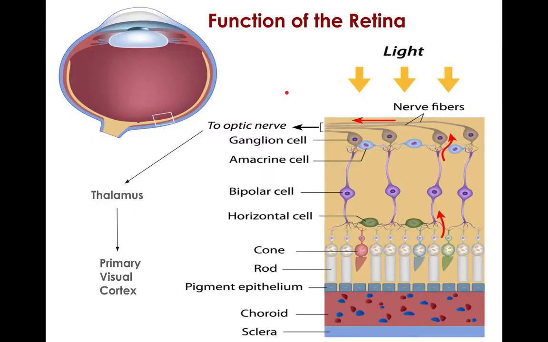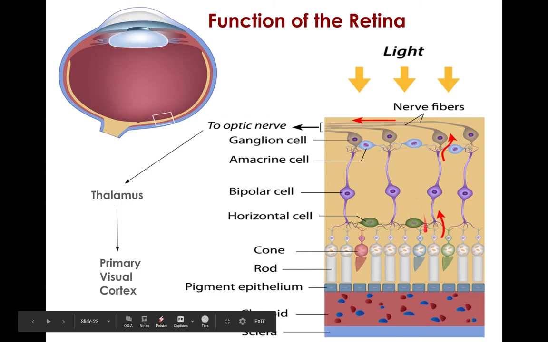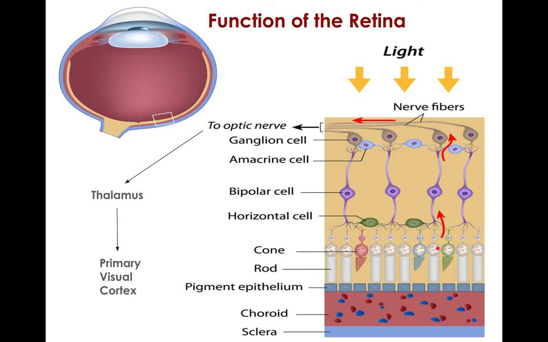So light will have to come in, pass through these axons, and stimulate the rod and cone cells. These cells will depolarize in their own fashion. These are the receptor cells of the eye.